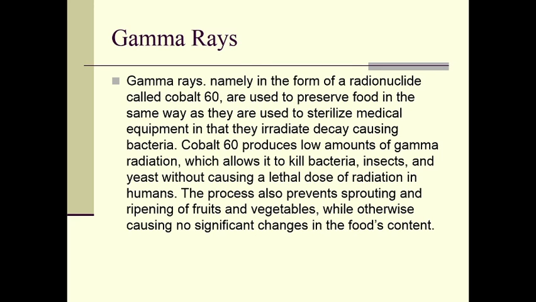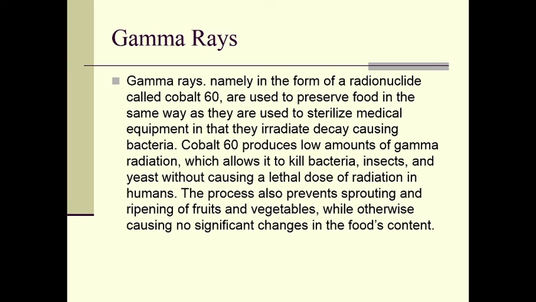Gamma rays, namely in the form of a radionuclide called cobalt 60, are used to preserve food in the same way as they are used to sterilize medical equipment, in that they irradiate decay-causing bacteria. Cobalt 60 produces a low amount of gamma radiation, which allows it to kill bacteria, insects and yeast without causing a lethal dose of radiation in humans.